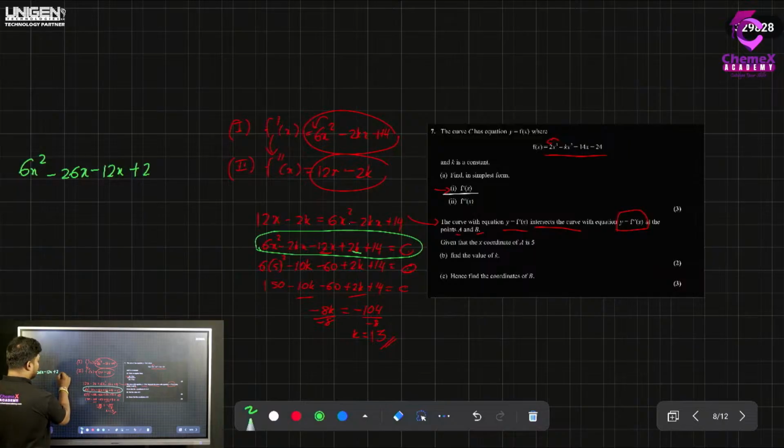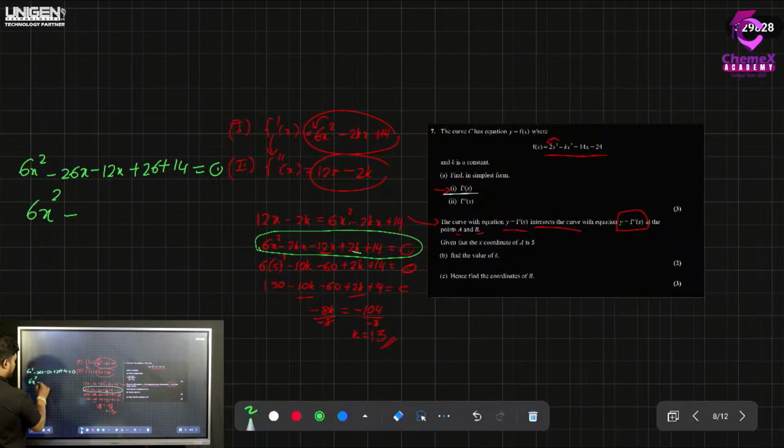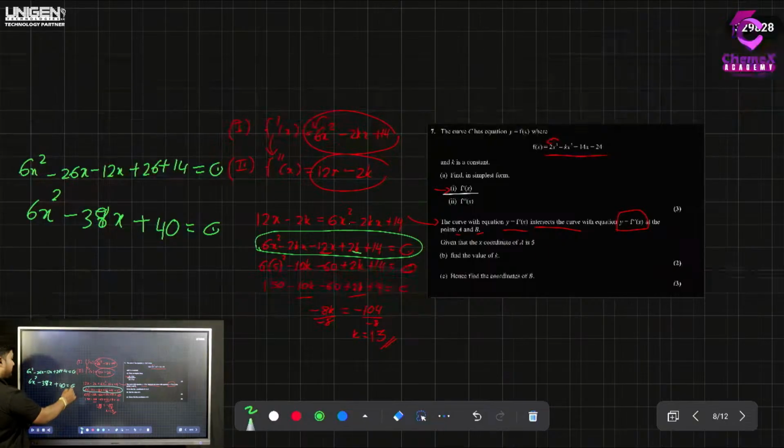Again 26 plus 14 equals 0. So you can just form the quadratic equation. Minus what? 30 7, not 738. X plus, what's 26 plus 14? Here, 40.